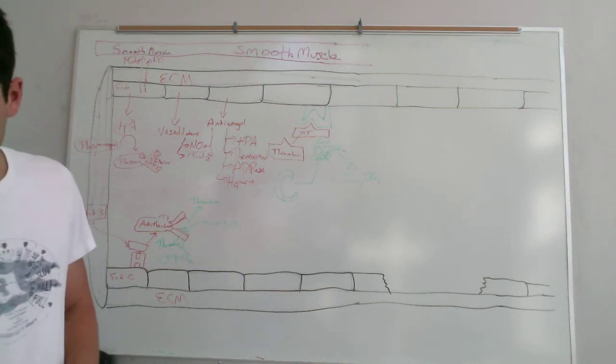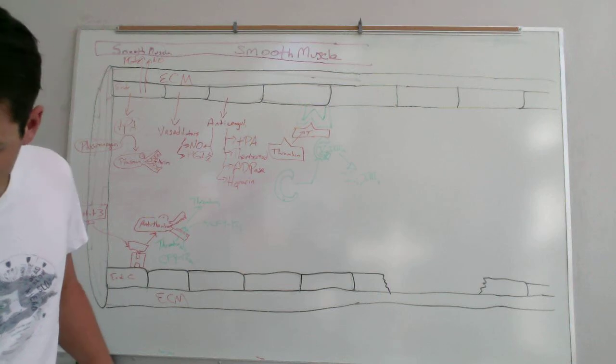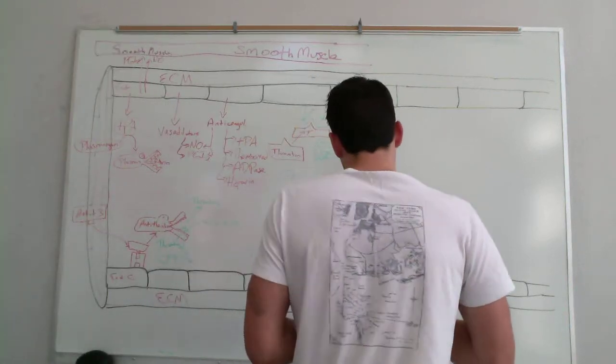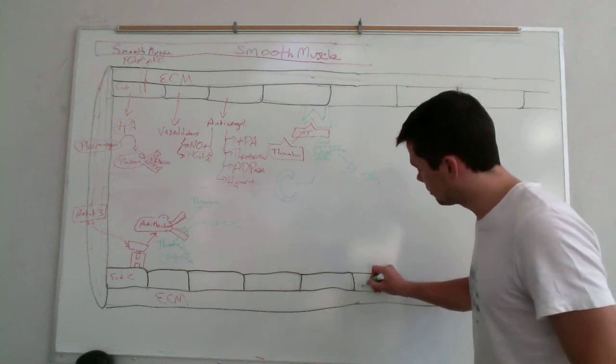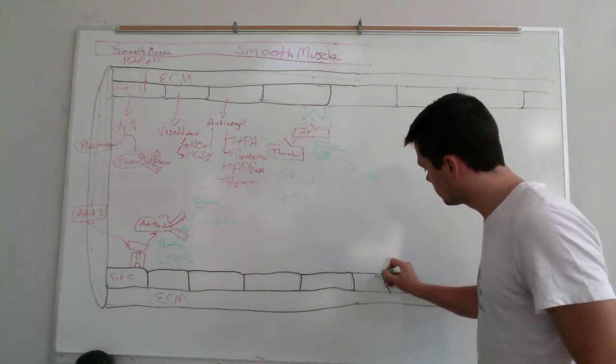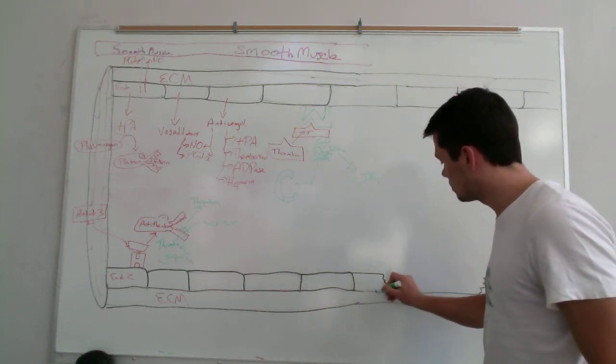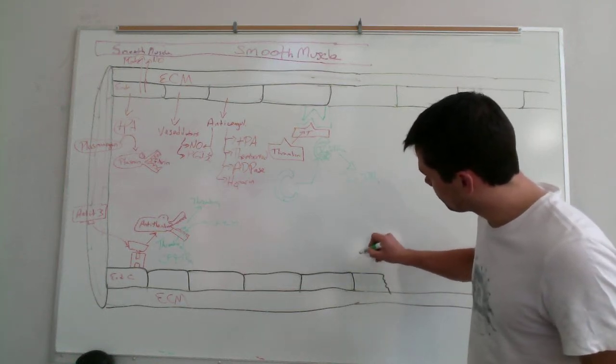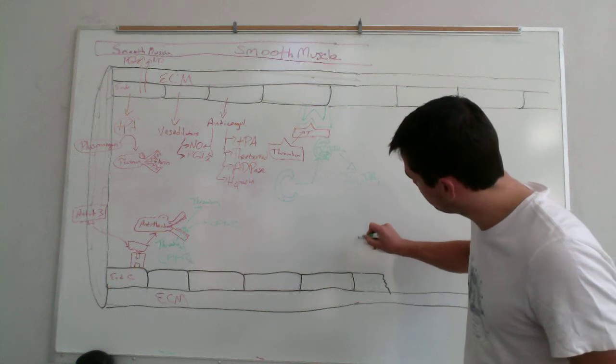And instead, they start producing a couple of different molecules. The first one, so this is my injured endothelial. One thing that they produce is endothelin.